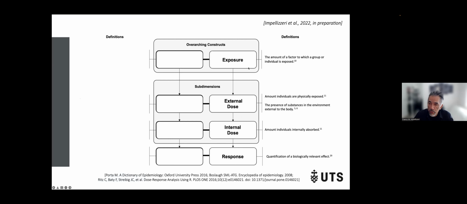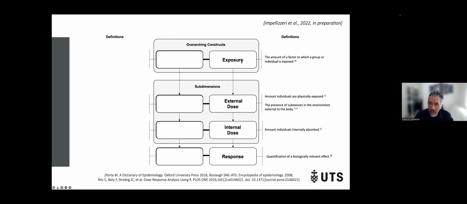When you read about exposure in an epidemiological paper or textbook, they mostly refer to external to the body. So exposure is used in epidemiology often as a synonym of external dose. But when they talk about dose or internal dose, they always refer to something happening internally to the body.